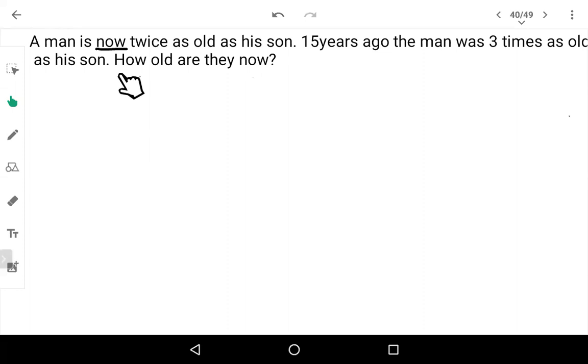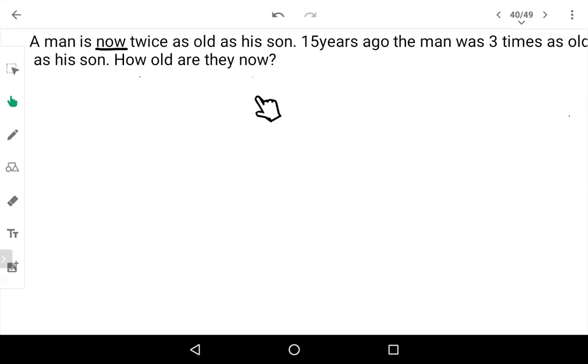How old are they now? Okay, now they are saying a man is 2 times as old as his son. But 15 years ago, the man was 3 times as old as his son. So they're asking how old are they now?